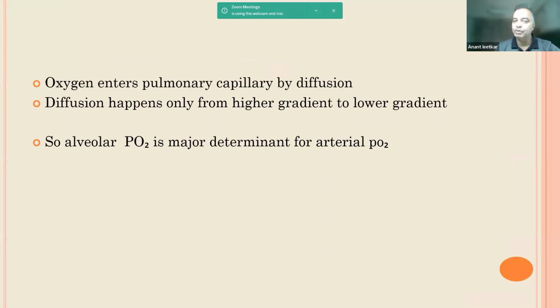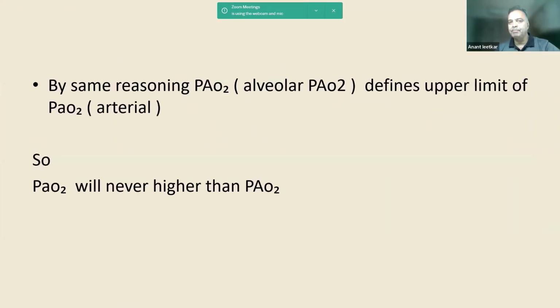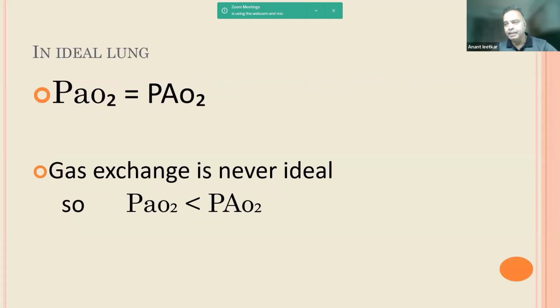So alveolar PO2 is a major determinant of arterial PO2. By the same reasoning, alveolar PO2, that is PAO2, defines the upper limit of arterial PO2. It can't happen that arterial PO2 is higher than alveolar PO2. In an ideal lung, where all alveoli are ventilated and perfused, arterial and alveolar PO2 will be the same, but it never happens.